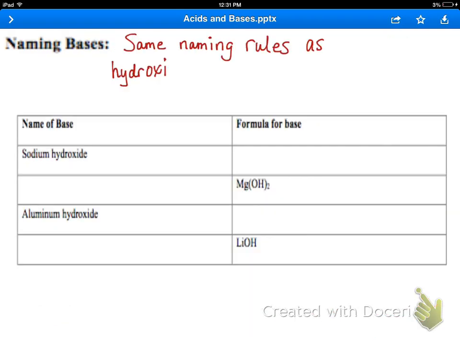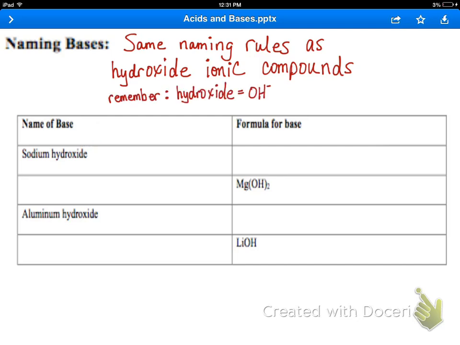So naming bases, we've actually already named bases, because the only bases that we name with rules are the hydroxide compounds, which we've already done when we did ionic compounds. So this is just a review. Here, sodium hydroxide has a sodium, which is +1, and then a hydroxide, which is -1. Just to recall, the hydroxide ion is OH with a -1 charge.